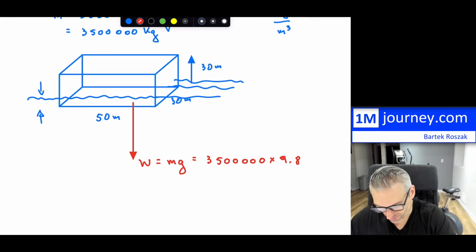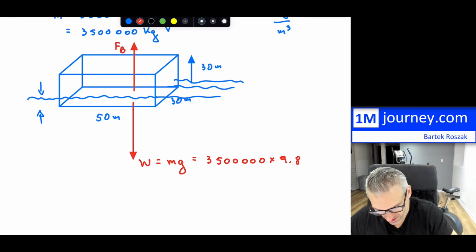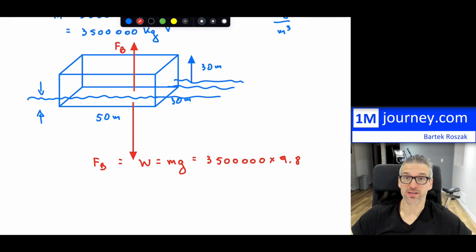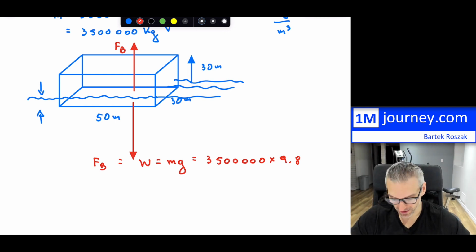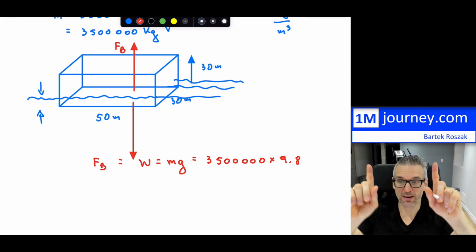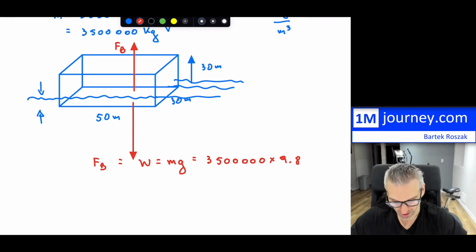And now the buoyant force is going to be upwards. It's going to be trying to hold this thing up, and the buoyant force is equivalent to this, as long as this thing is floating on top of it. If this is the amount of force that the fluid is upholding this particular ship with, because it doesn't sink, then we have to use Archimedes' principle.